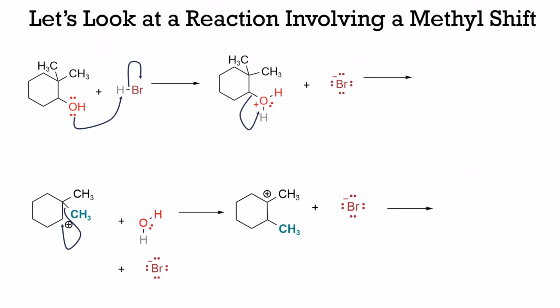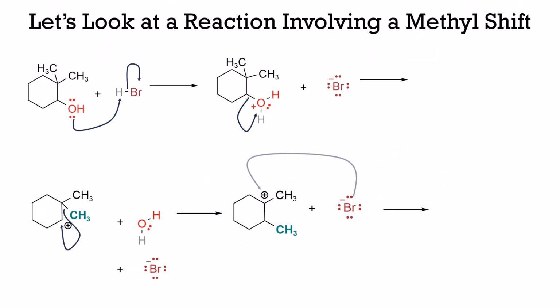I just need now to react that with bromine. You can see the arrow there, and now that's my product. All of the information we talked about led us to the point of talking about hydride shifts and methyl shifts as rearrangements to form more stable carbocations.